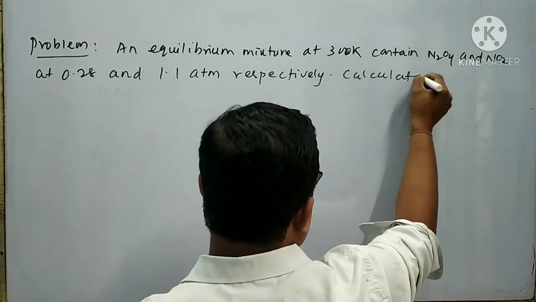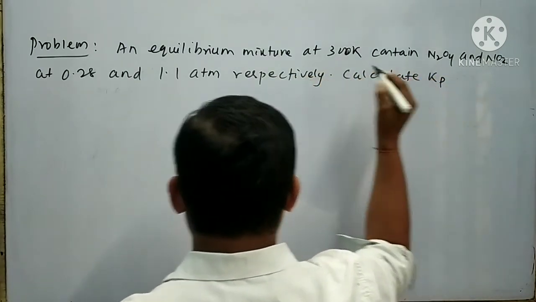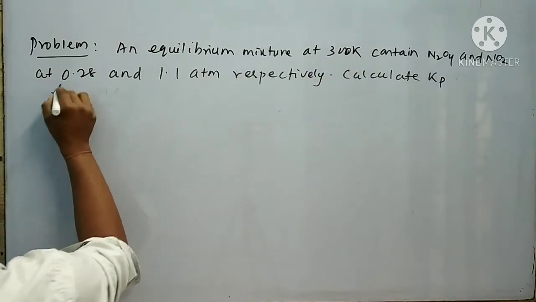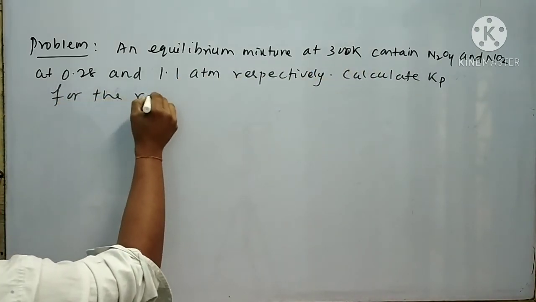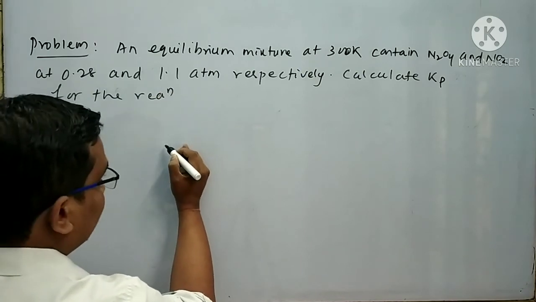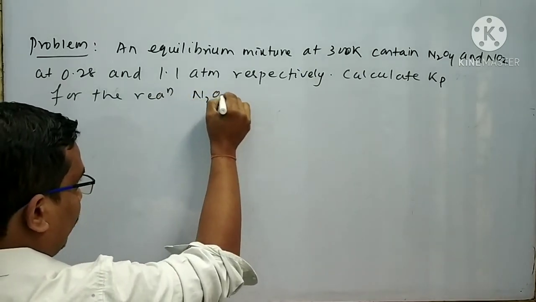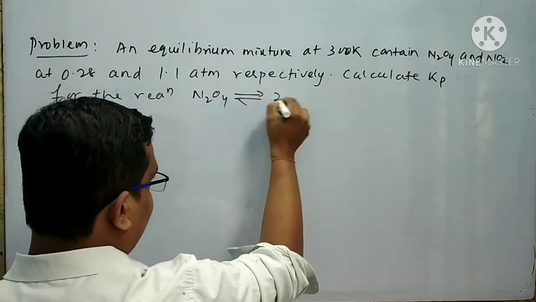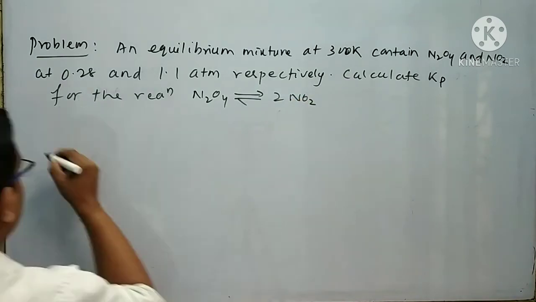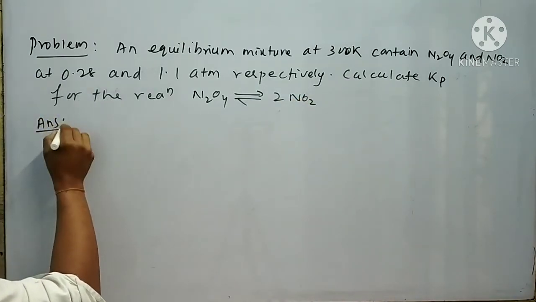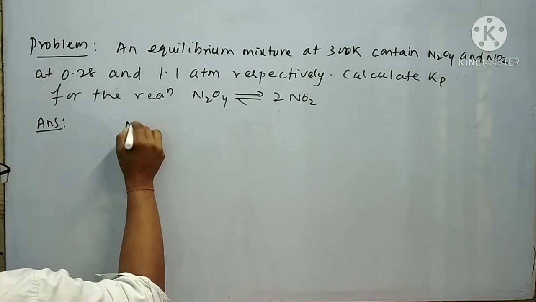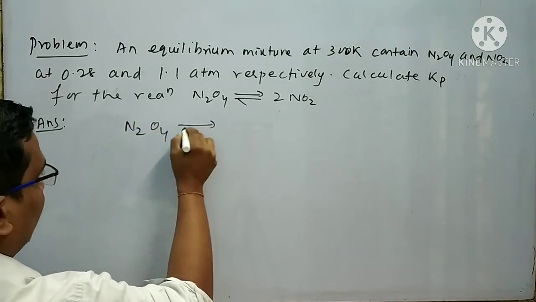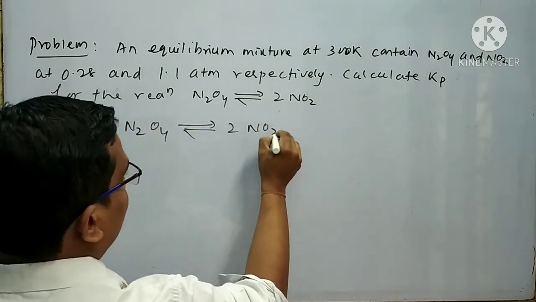Calculate Kp for the reaction N2O4 gives 2NO2. In this problem, the reaction is given that is N2O4 gives 2NO2.